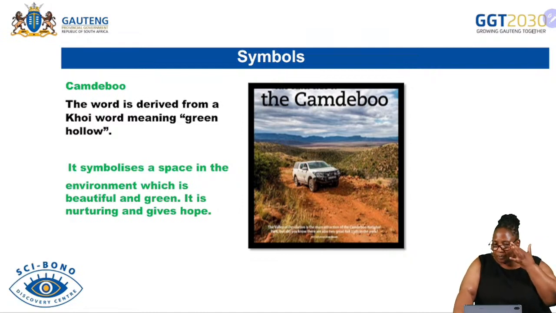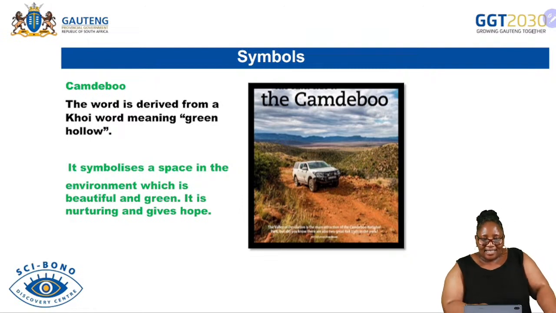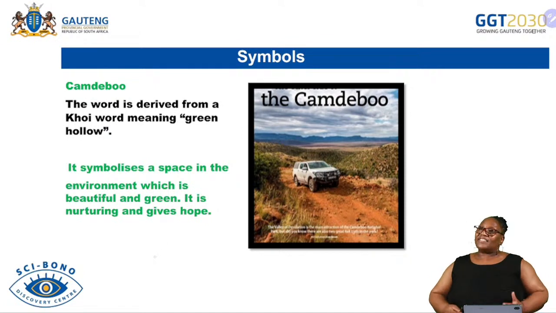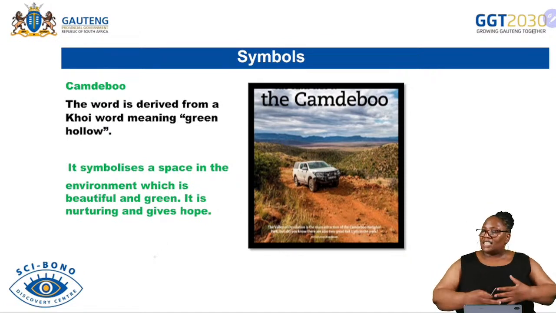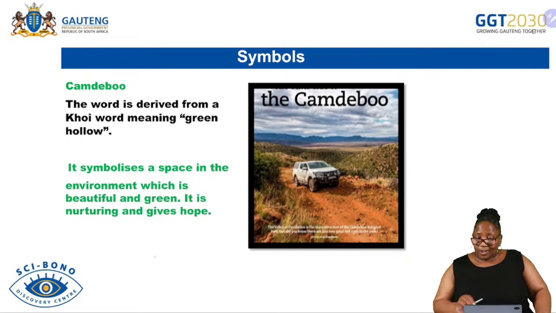And what does it do? It symbolizes a space in the environment which is beautiful and green. It gives a nurturing and it gives hope. And that's where our friend Isabel hails from.